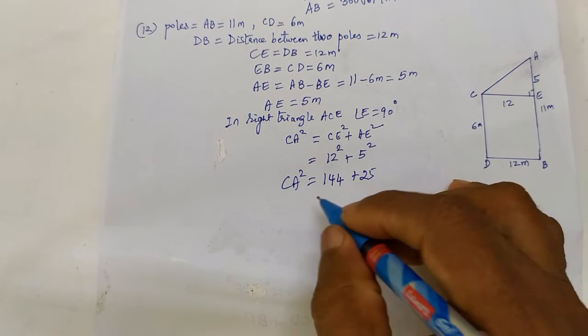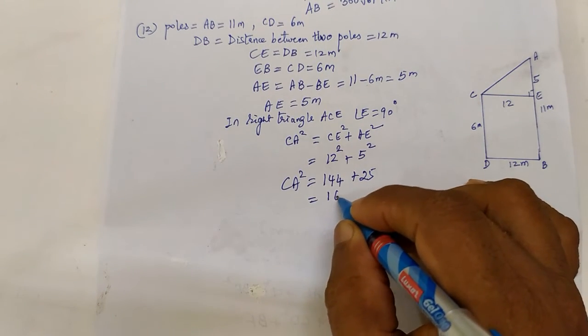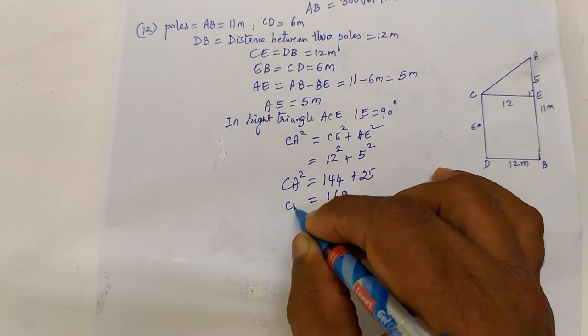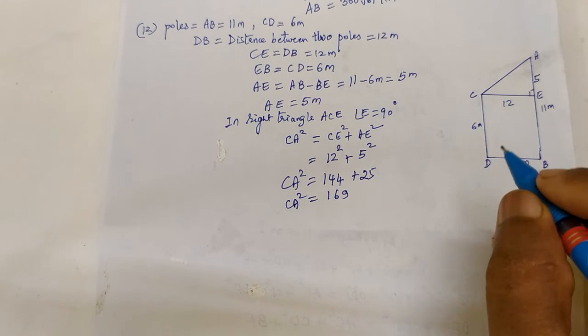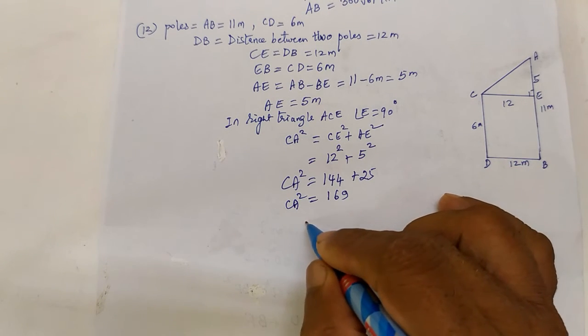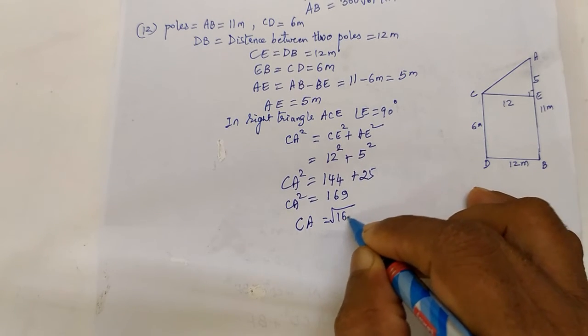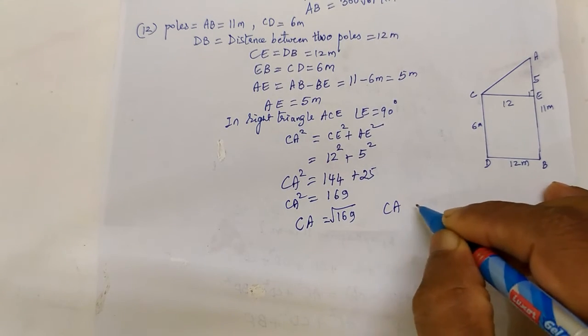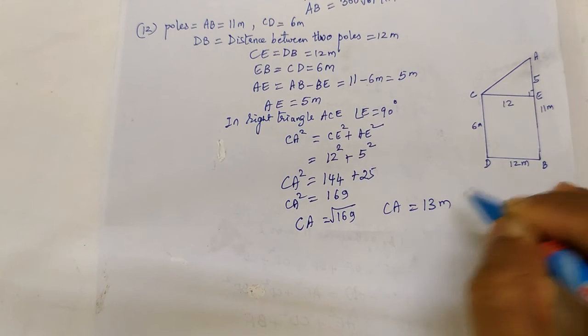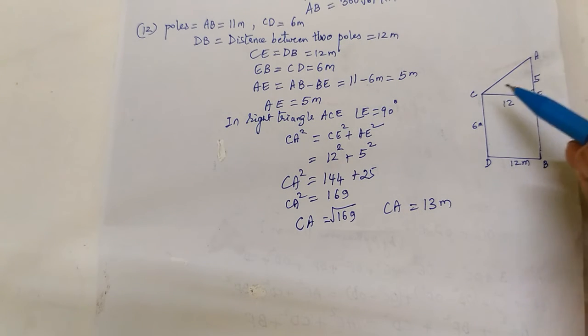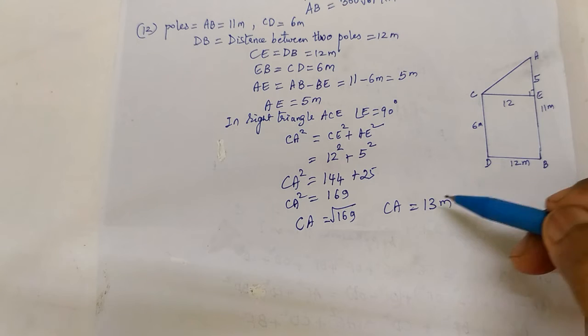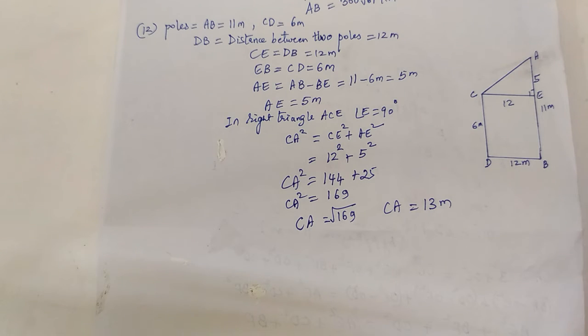You add both, so it will be 169. CA square is 169. Then CA will be the square root of 169. CA is 13 meters. The distance between the topmost parts of both the poles is 13 meters. That was what was asked.